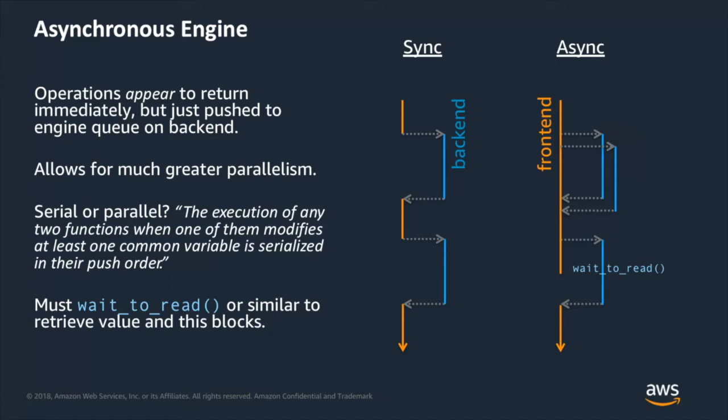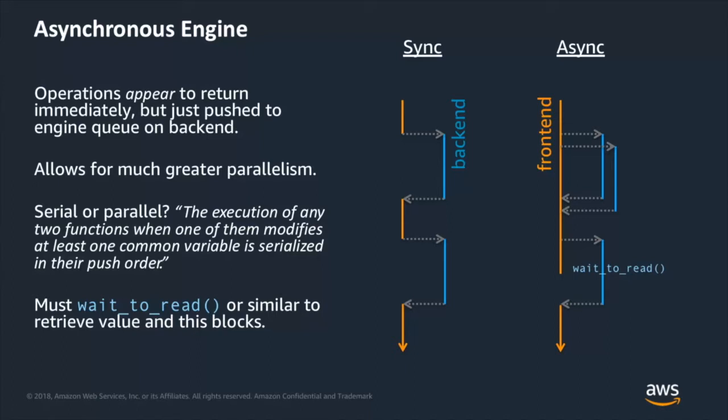However, in asynchronous computation, at the front end you specify these operations in Python, but the backend will not really start executing until you actually need the result from your operator. For example, you can write in Python a convolution operator followed by a pooling operator, and then you don't really need the result until you finally want to start your training, or you want to print out the output, for example.